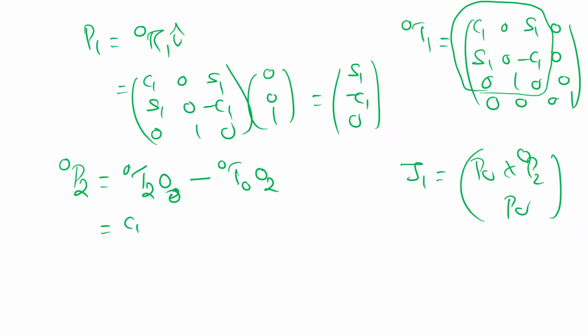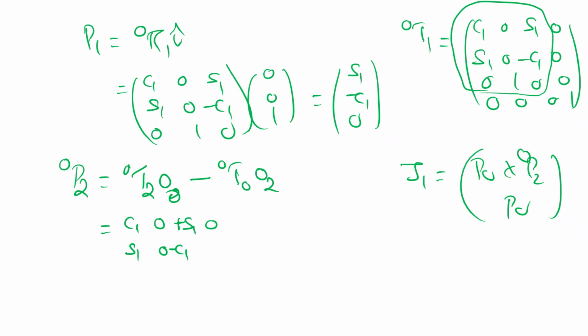T2 0 we have already shown: C1 0 minus S1 0, S1 0 C1.